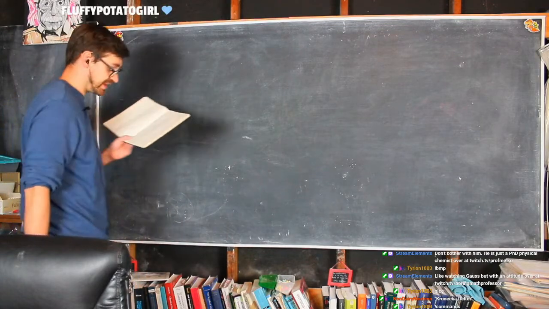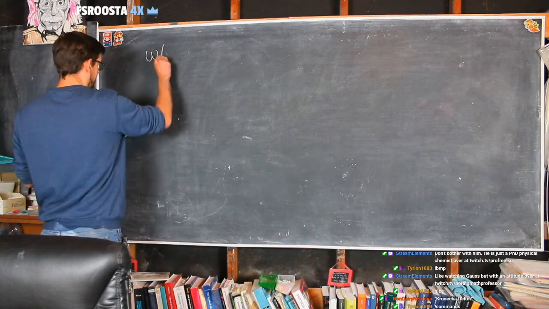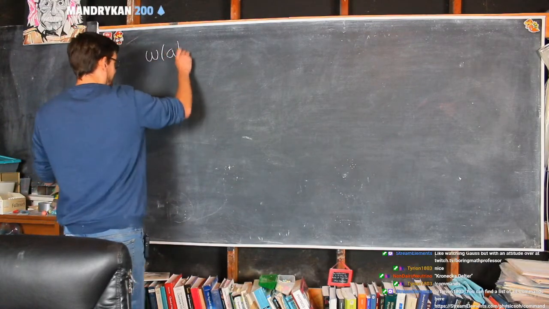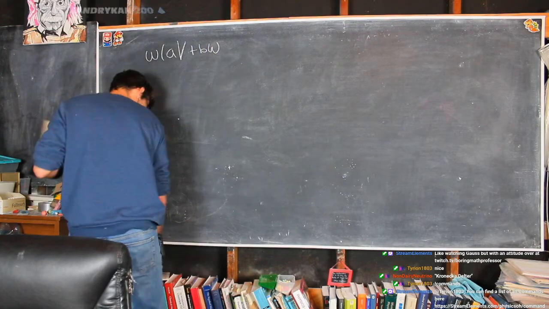The dual vector space is the space of all linear maps from the original vector space to the real numbers. So what does that look like? If we take another vector, and we'll unpack what this vector is in a second, this is called a dual vector. Let me make that a big W so it's not confusing.